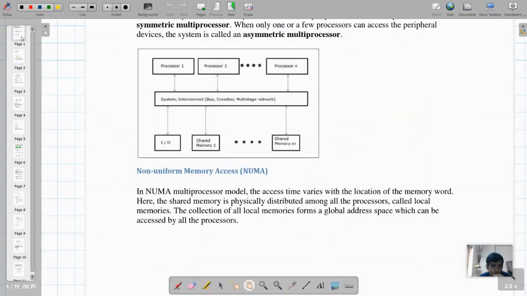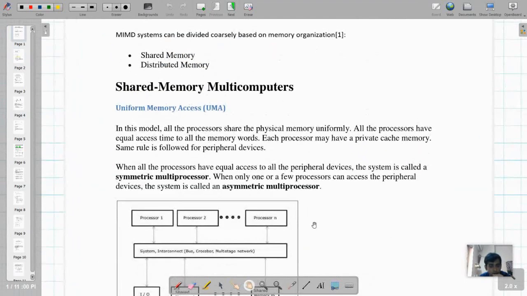So this was the basic classification and basic concept behind shared memory multi-computers. So why shared memory multi-computers? Because memory somehow is being shared by the different processors which are present in the CPU.